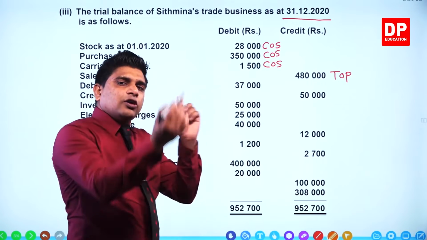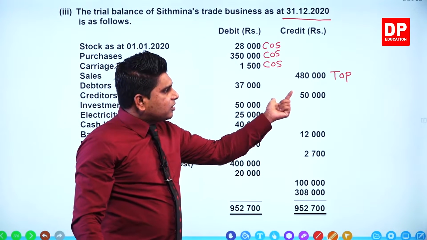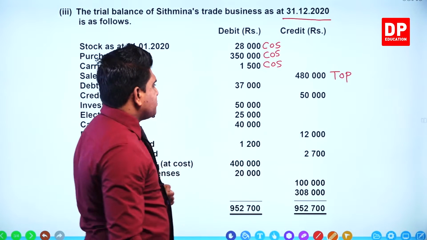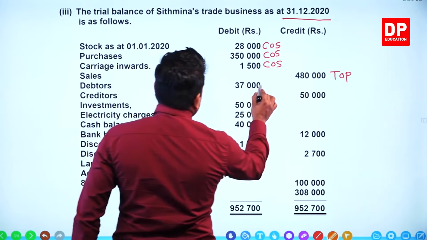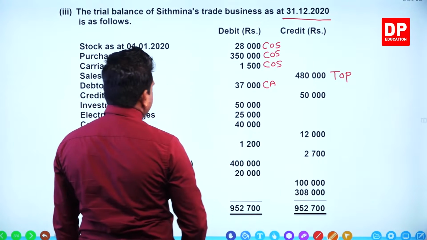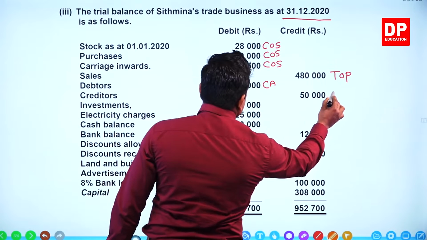Sales, where you write on the top of the profit and loss statement. Top means on the top of the profit and loss statement. Before we write anything, first we write what? Sales, right? Then debtors, under the current assets. Creditors, current liabilities.